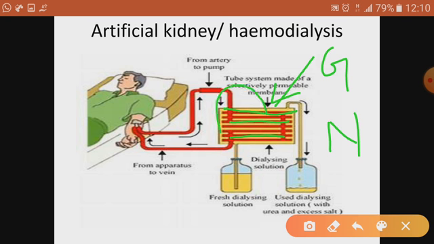By the process of diffusion, it will come out into the dialysing solution, because molecules move from higher concentration to lower concentration. So the nitrogenous waste will come out automatically in the dialysing solution.